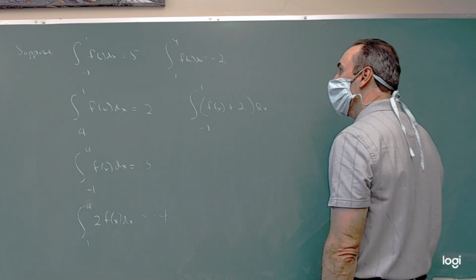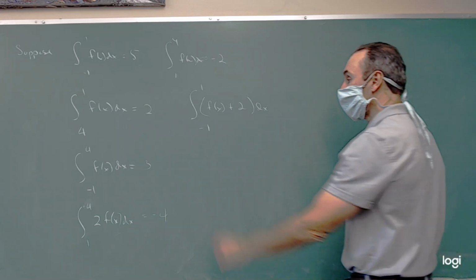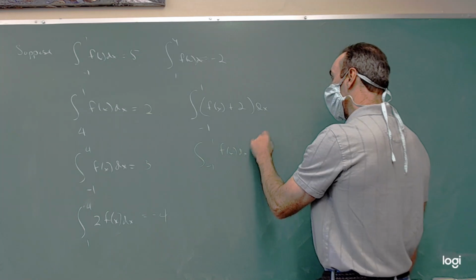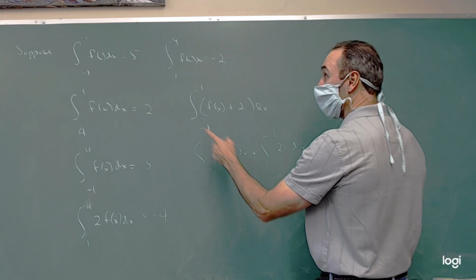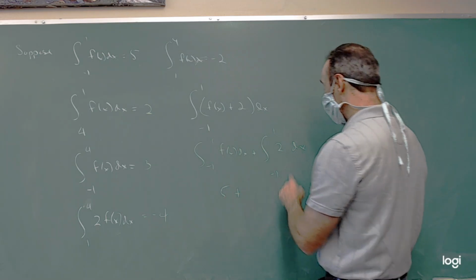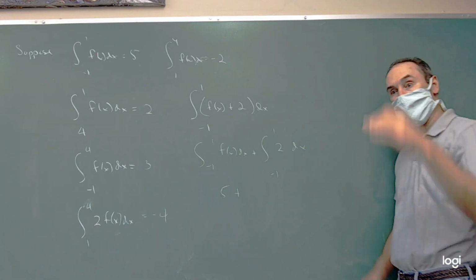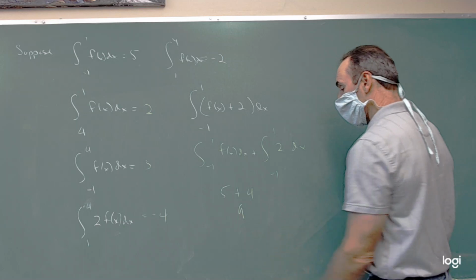Because we just separate them. You can separate them, yeah. You get the integral from -1 to 1 of f of x plus the integral of 2, so 5 plus 4. That we said was fine. And this you can either integrate or even think visually. It's a horizontal line from -1 to 1. So we get 9.